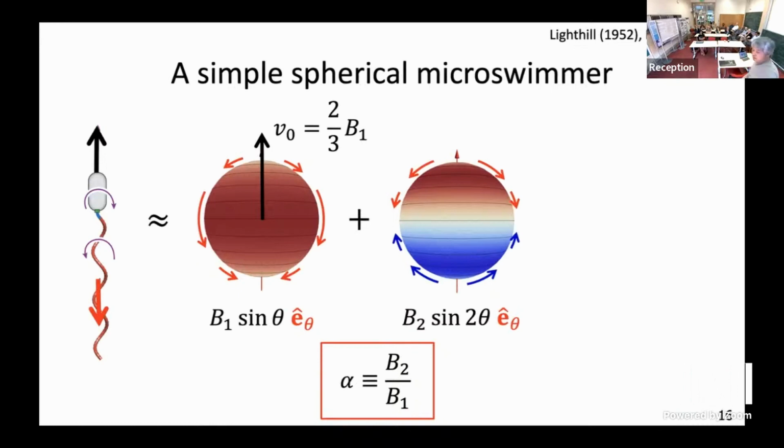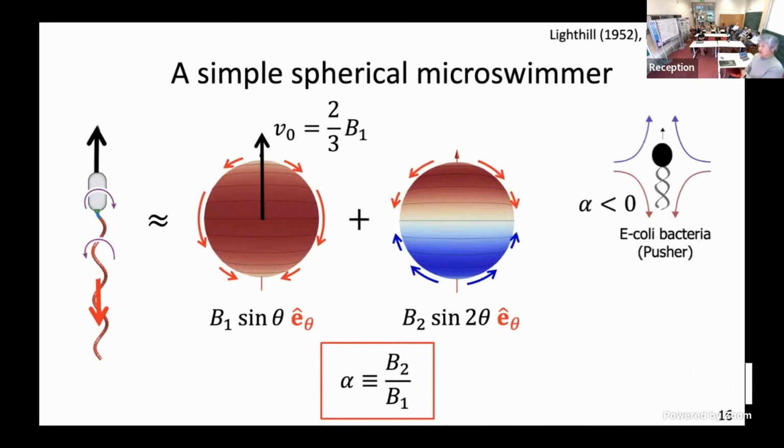But this term is very important in order to distinguish the pusher or puller character of the microswimmers. Alpha is an important parameter, the strength of B2 normalized by B1. When alpha is negative, the flow around the particle becomes this type of configuration, which we call pusher.